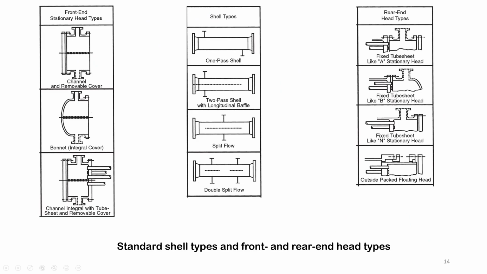In industrial practice, there are various different types of front and rear end heads. I'm not going to go too much into detail on this, but I want you to be aware of it. They have different designs. For instance, for the front head, we may have a bonnet type versus a rectangular design.